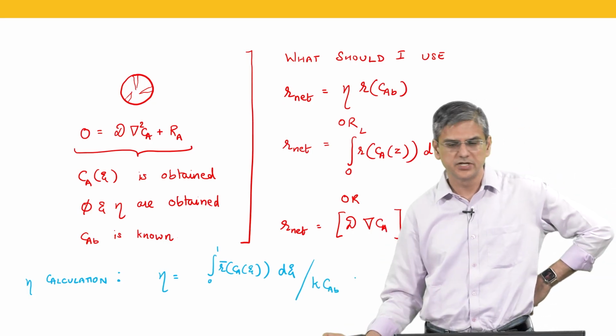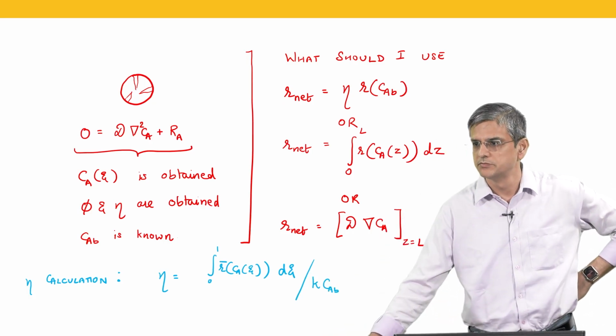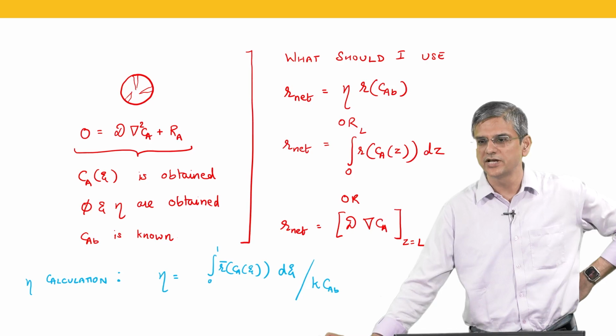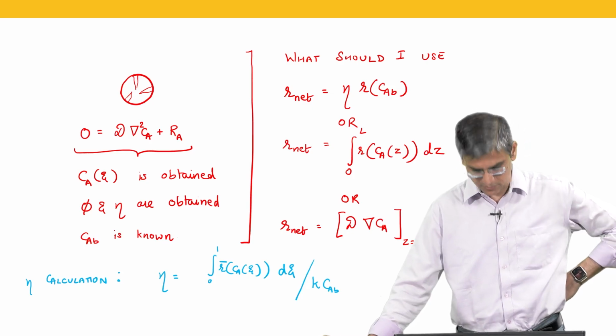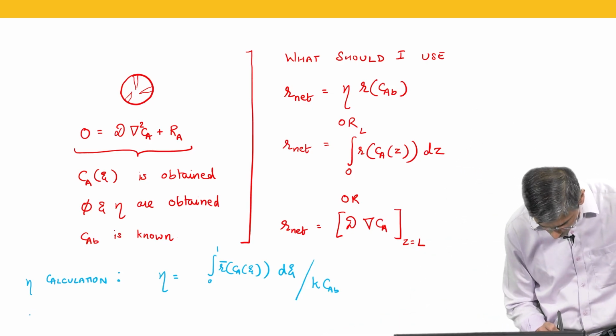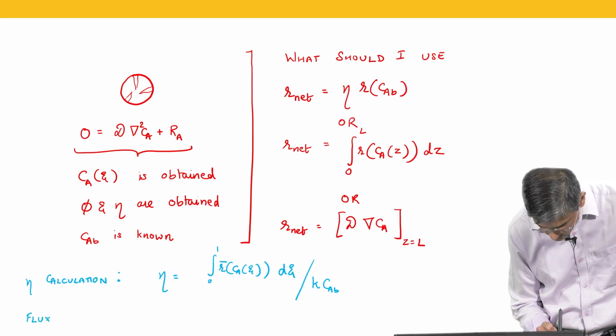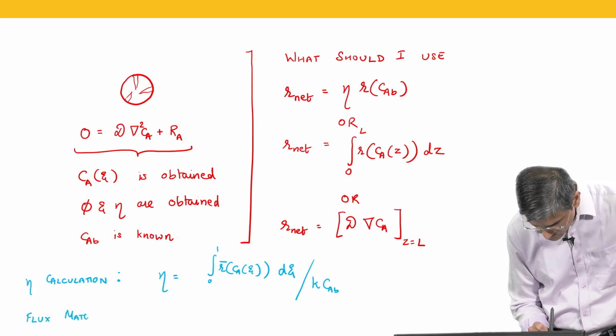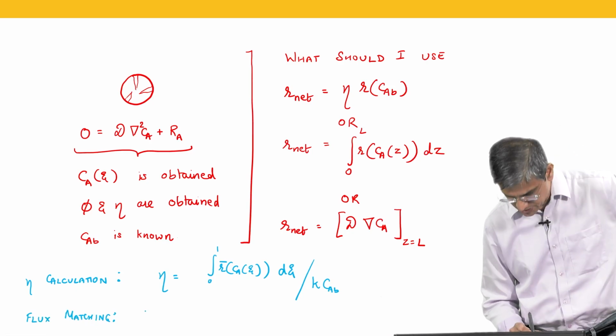We did this for first order, right? That's how we calculated eta. What was our thing of flux matching?